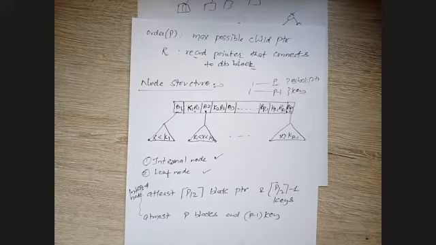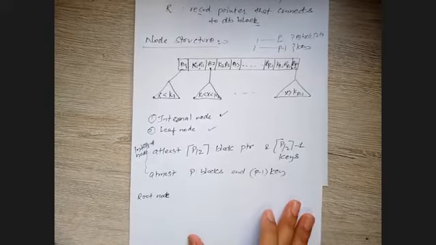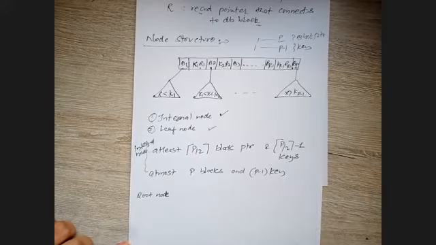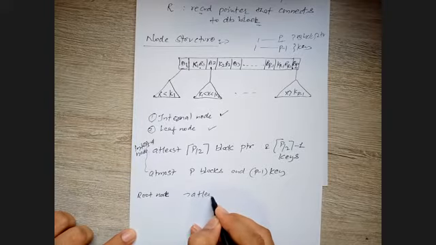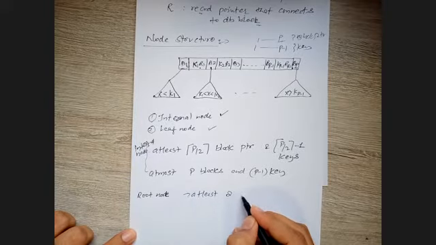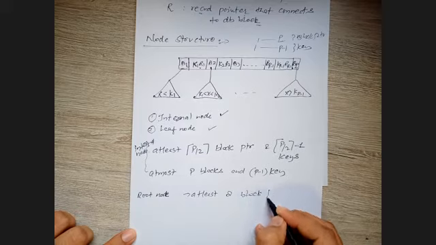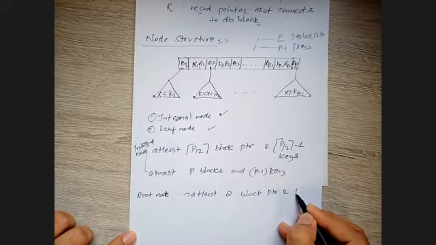Also, we have the root node, which we excluded above. For the root node, we have at least and at most values. A root node can have at least 2 block pointers and 1 key. And at most, P block pointers and P minus 1 keys.